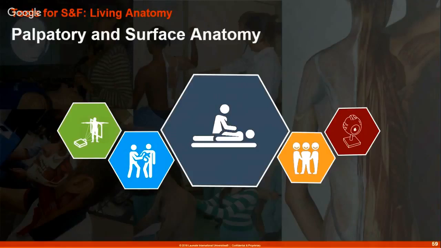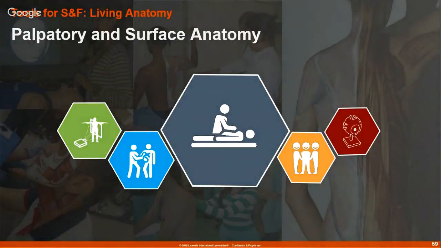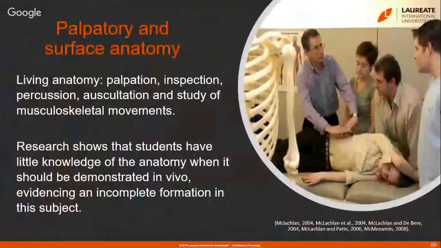And we think that living anatomy can help our students with this gap. We begin by talking about palpatory and surface anatomy. That's the most important part of the living anatomy tools. That includes palpation, as we said, inspection, percussion, auscultation, and the study of the musculoskeletal movements.